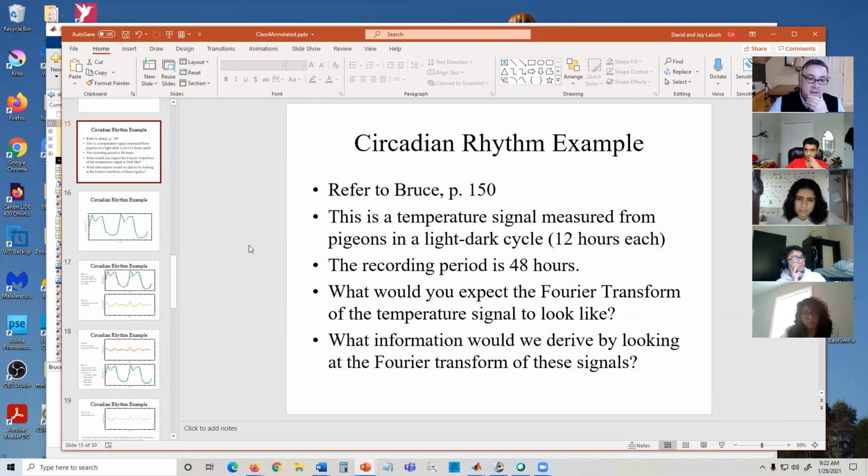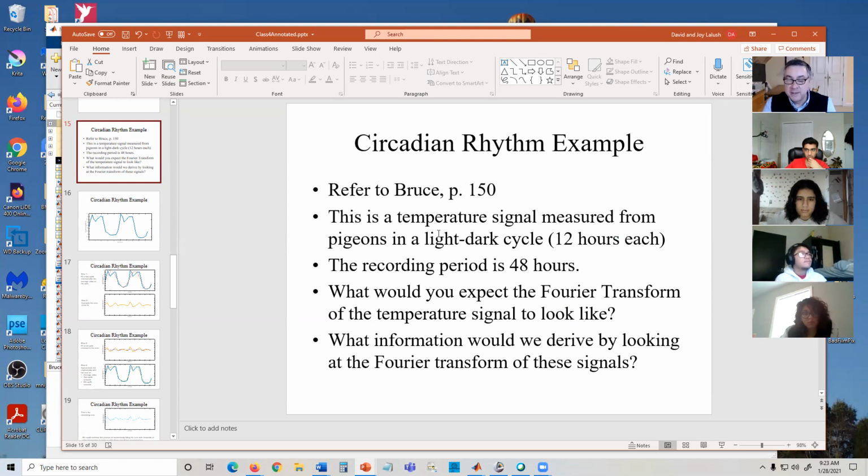Now, this is an example of a signal. This is actually from the Bruce book, which nobody can really get, and it's hard to read anyway. It has examples, along with MATLAB data that I've provided you already by way of the website, so you can have access to that stuff.